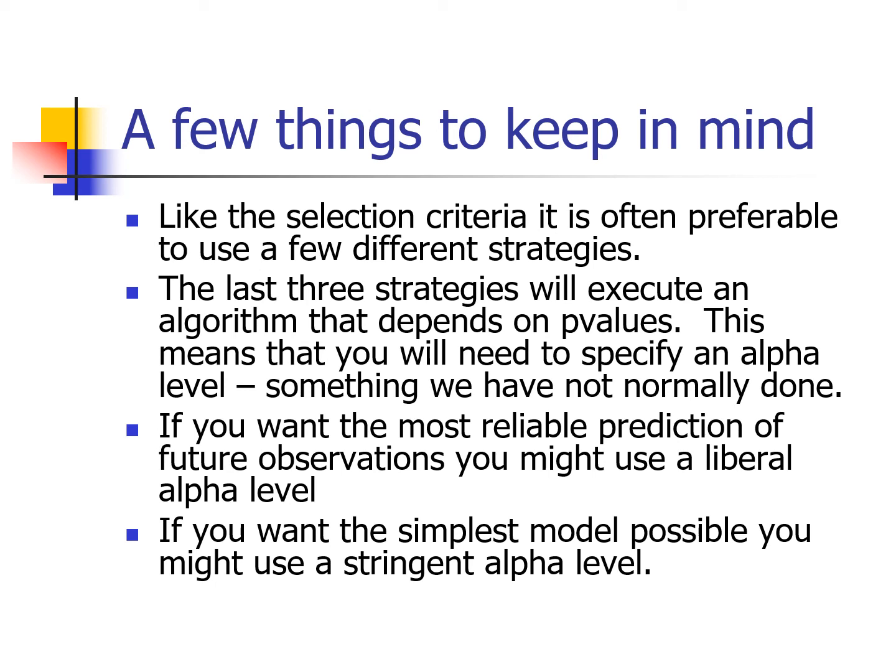Since it's p-value dependent, we need some sort of alpha level, something to compare our p-values to. If we want the most reliable prediction of future observations, we might use a liberal alpha level, like 0.10 or 0.15. If we want the simplest, smallest model possible, we might use a very stringent alpha level, like 0.01. We'll talk more about that when we do some examples.